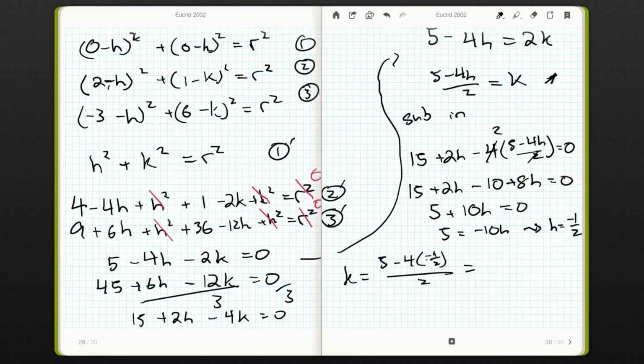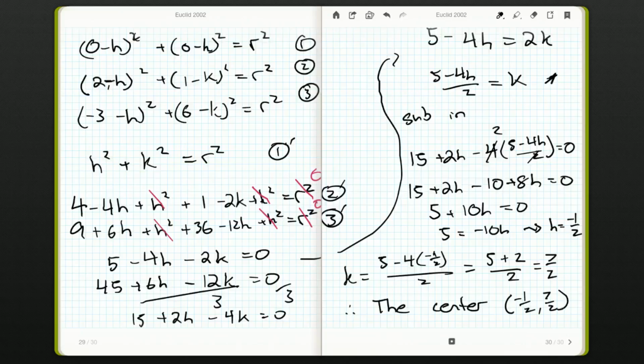So 5 minus negative 4, the negatives are going to cancel out, so it'll be 5 plus, and then 4 times a half is 2. So that'll be 7 halves. And we can say that the center now is -1/2, 7 halves.